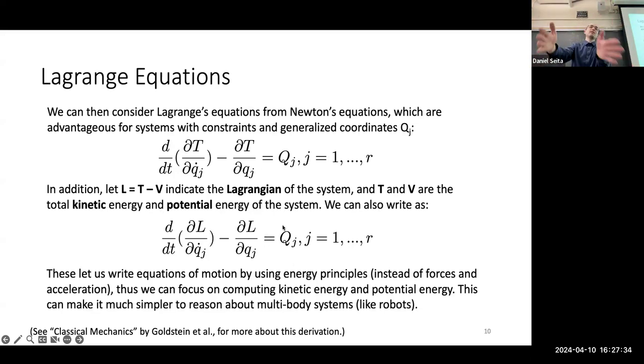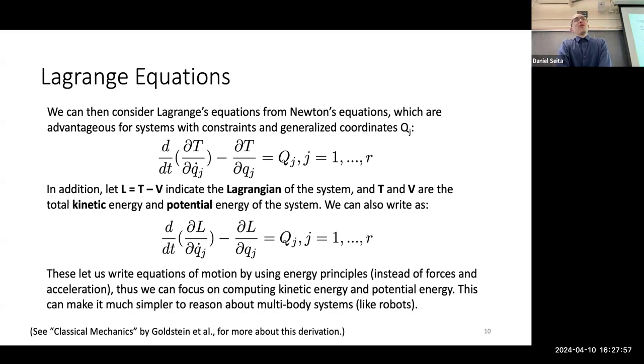And then from there, we can start analyzing the equations of motion for a robot system by following a standard recipe that involves compute potential energy, compute kinetic energy, compute the derivative, then partial derivative, then we're good. So yeah, it's very mechanical.